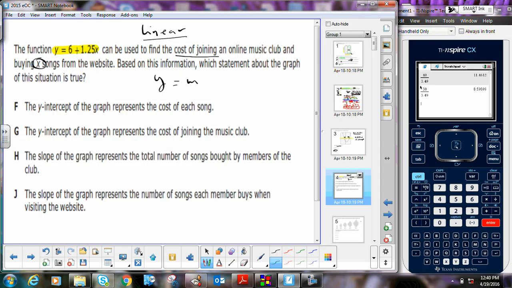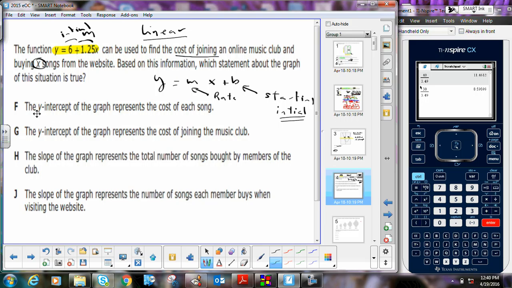Always when we have mx plus b, m represents your rate or your slope, and b represents your y-intercept or starting point, initial value, what you start with. So in this case, you see the 1.25, that's your m, that's your rate. The 6 would be the initial.